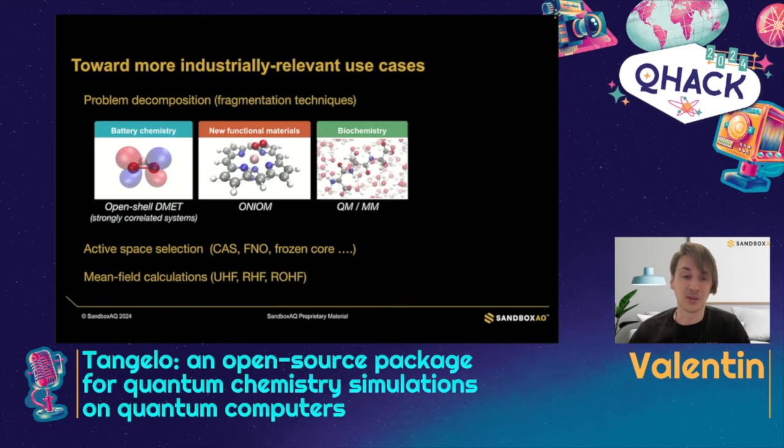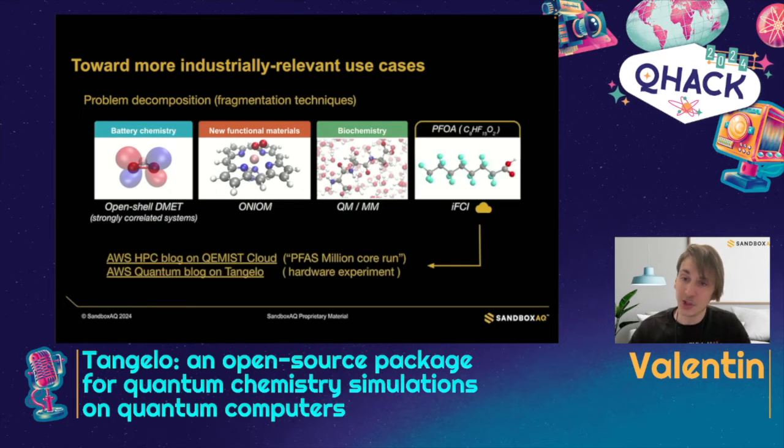And finally, in terms of mean field calculation for the modeling, you have a bunch of different things. I don't know how familiar everyone is with chemistry here, so I don't think I need to go into detail. Something interesting to mention is that we've also implemented in a different platform, because we've always been interested in chemistry, but we're not only doing quantum computing.